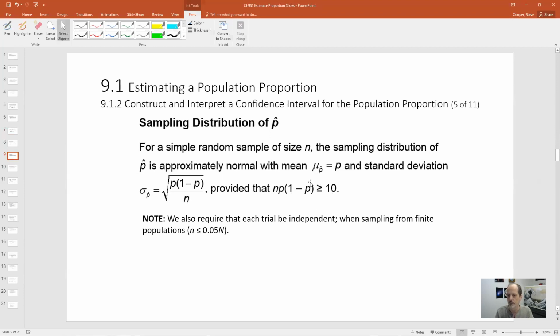That was our normality check. Some of this is familiar from last section. We've also got that independence requirement that our sample is no larger than 5% of the population size. This is a reiteration of the sampling distribution of p hat, with qualifications in the formulas to calculate sigma of p hat.